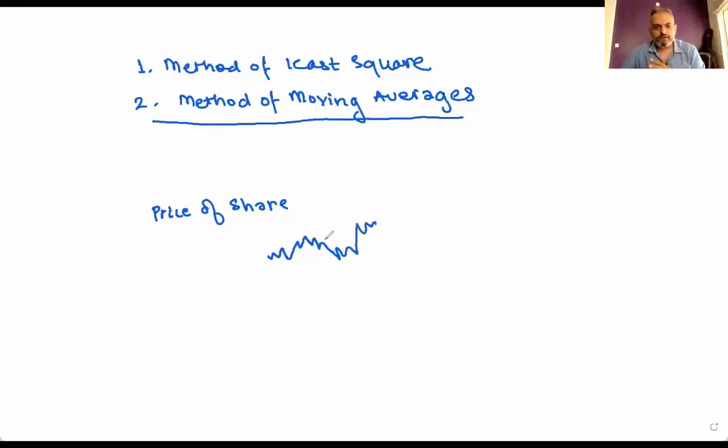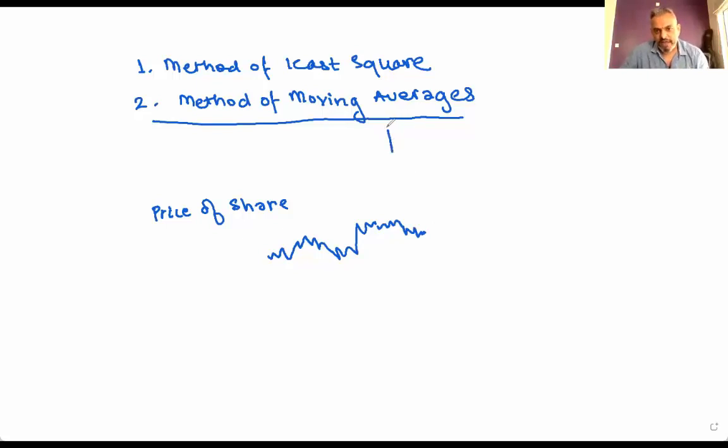There are lots of short-term fluctuations. If you see the price of the share from morning till 3:30 in the evening, you will see a lot of variation happening, 9:15 to 3:30. It moves up, moves down. It happens daily.